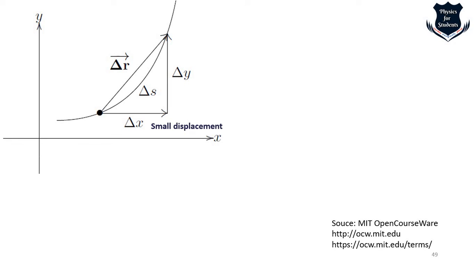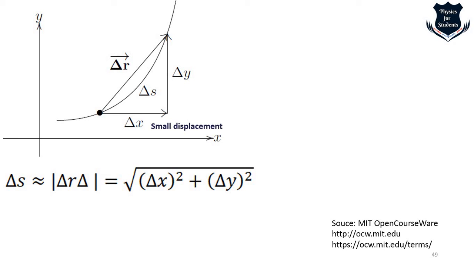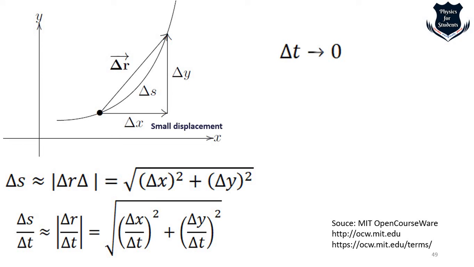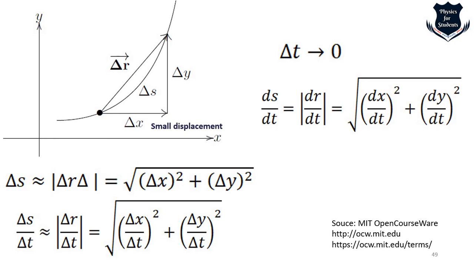So delta s is more or less equal to this, which leads to this, and in the limit of delta t tending towards 0 gives us this. Quick and simple example, visually you can understand what it is.